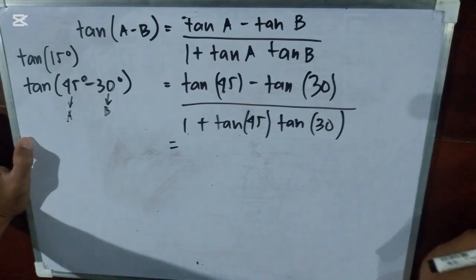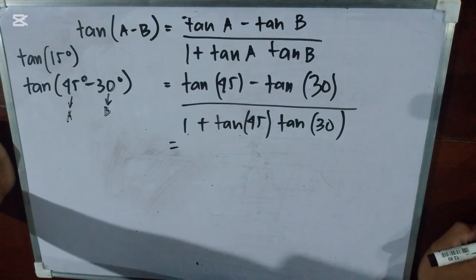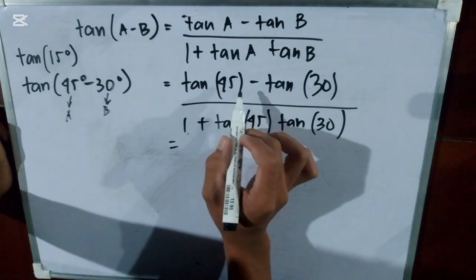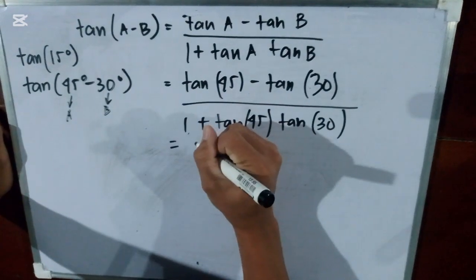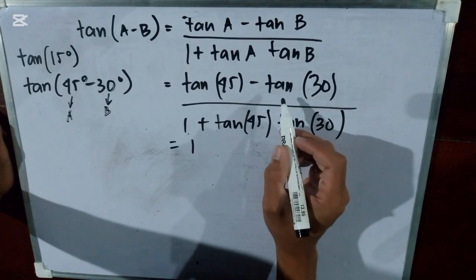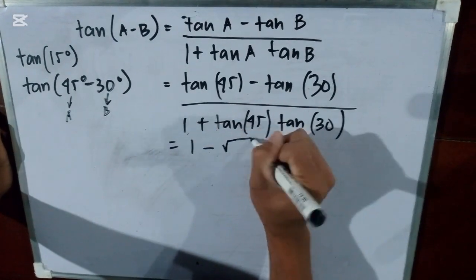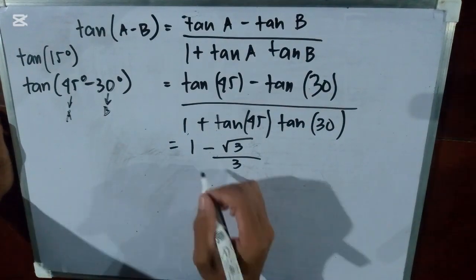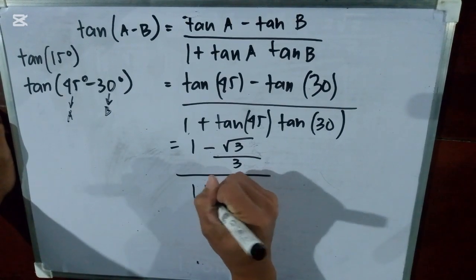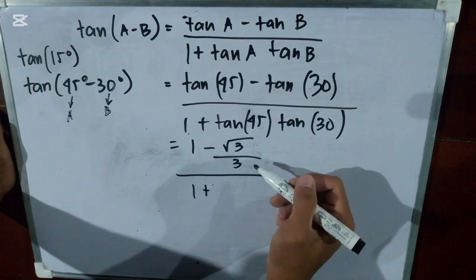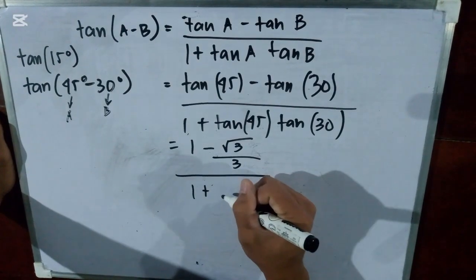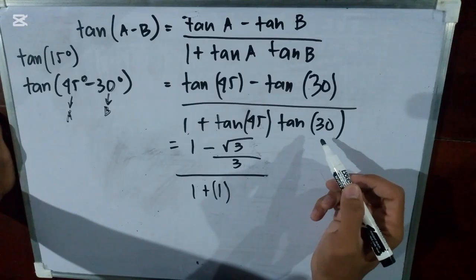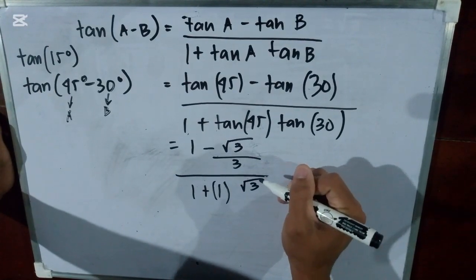Now let us locate the corresponding values of tangent 45 degrees, or 1, and the tangent 30 degrees is root 3 over 3, and the denominator is 1 plus the corresponding value of tan 45 degrees, or 1, times tangent 30 degrees or root 3 over 3.